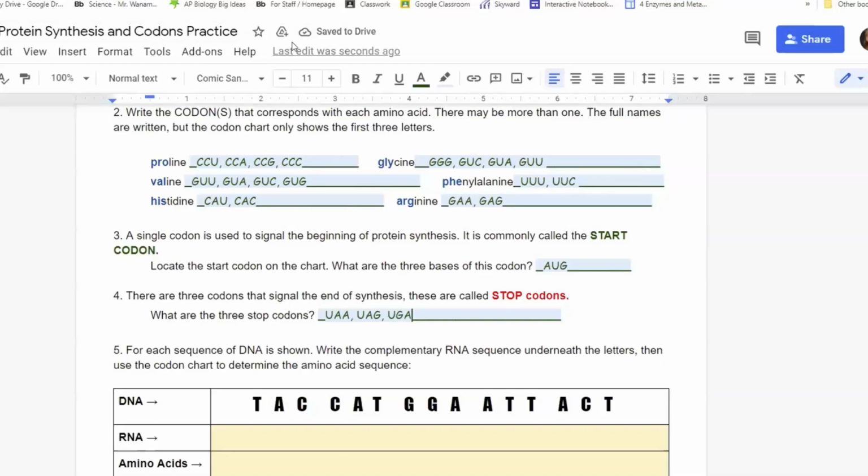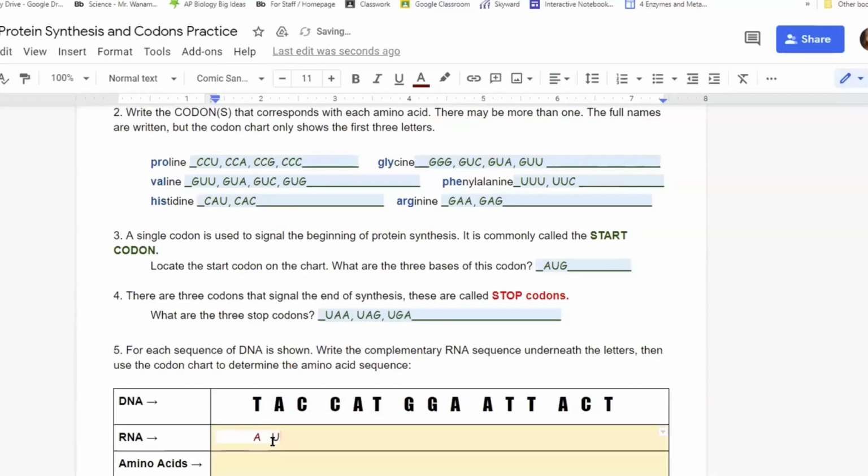Okay, so now this is your original DNA sequence. We want to transcribe it into mRNA. So complementary base pairing, for example, T will bond to A. A will no longer bond to T because T doesn't exist in mRNA.